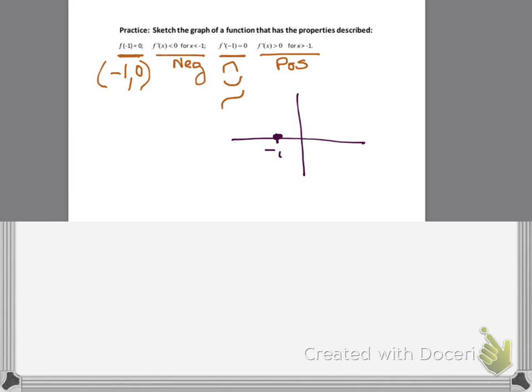Well, I know that the slope has to be negative to the left and positive to the right. So that means that the slope will be 0 right here, and I have this scenario. So this sketch follows the properties of the function that I've identified above. We're going to do this again in just a few more minutes.